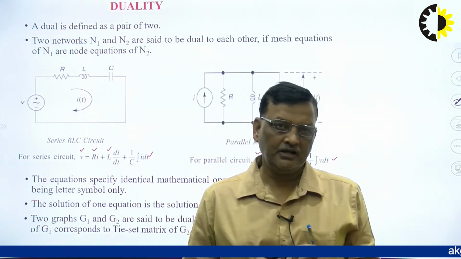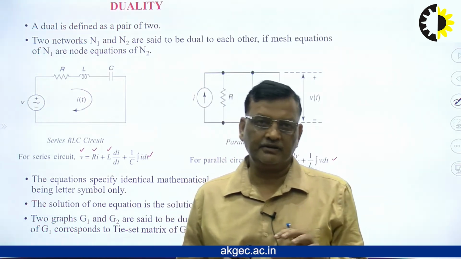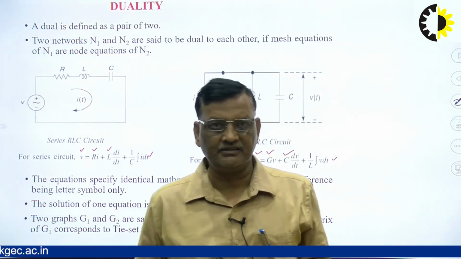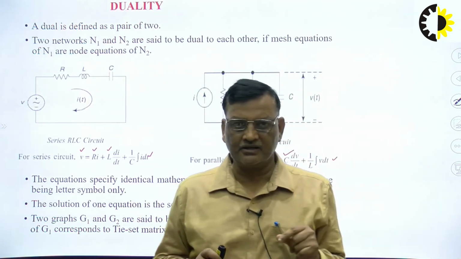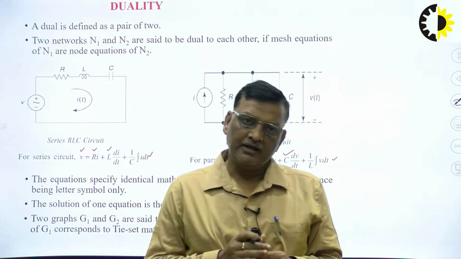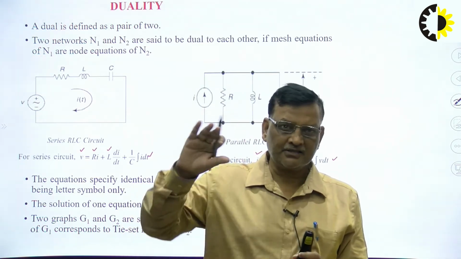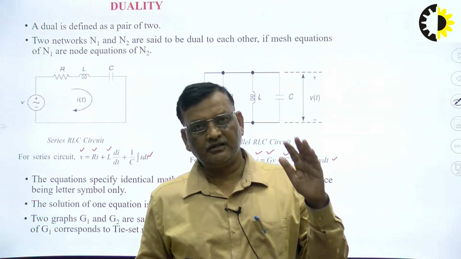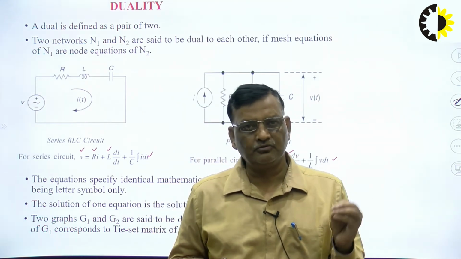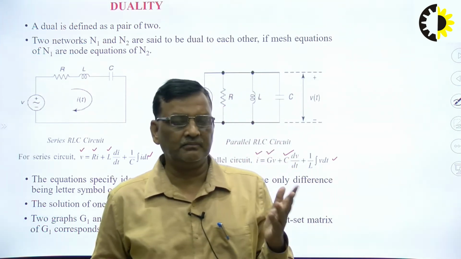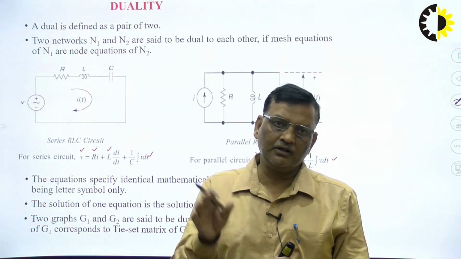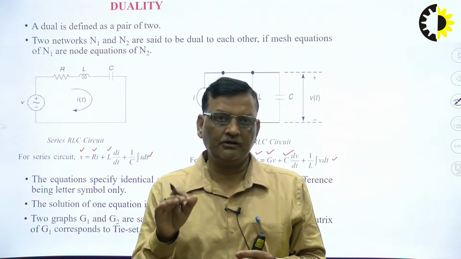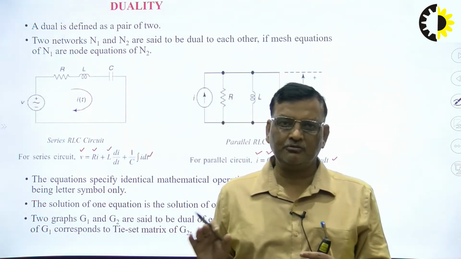Two graphs are given, and we take a tree, then we define the twigs and links and find the fundamental cut set matrix of one graph. In the same way, we select a tree. Remember, suppose in the graph G1, 1, 2, 3 are twigs and the remaining branches are links. So in the dual network, 1, 2, 3 will be the links and the remaining branches will be the tree.